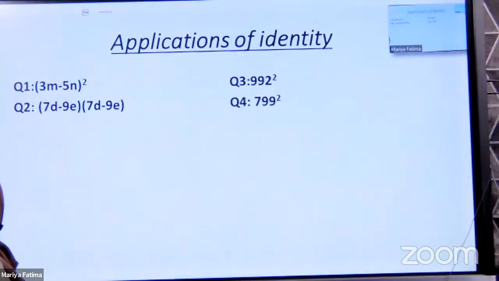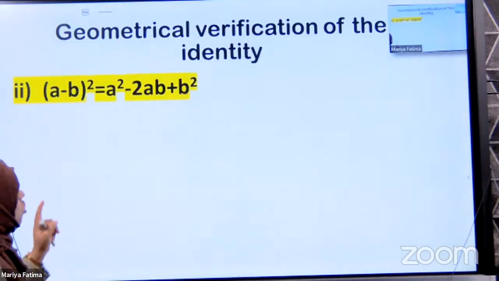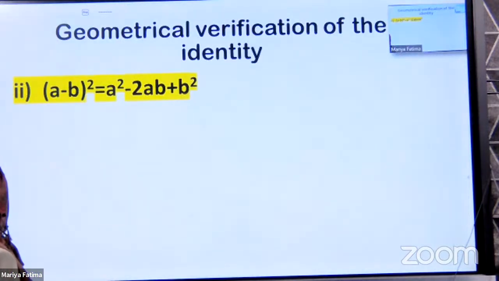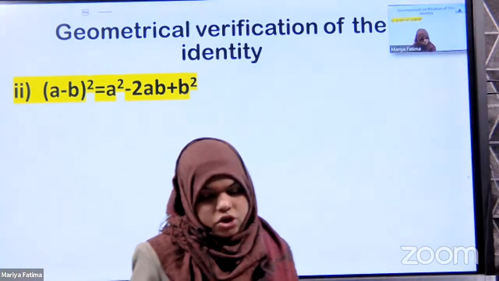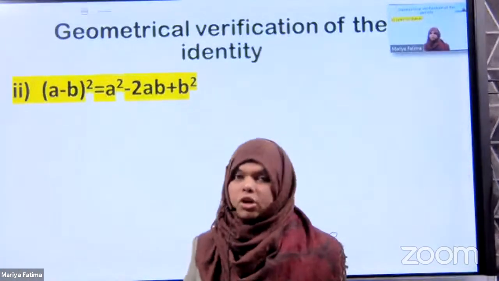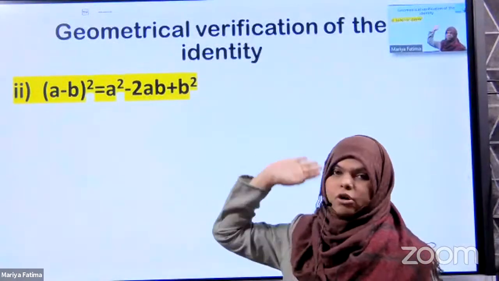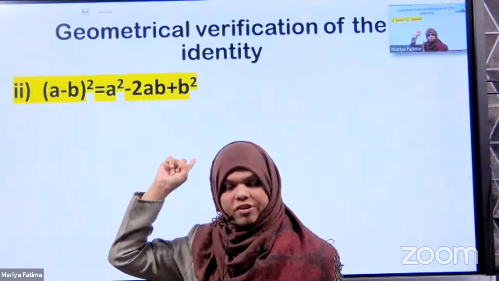Okay. Now these applications are over. Now we are going to see the geometrical verification of this identity, the geometrical verification of a minus b whole square. So a plus b whole square we have seen.